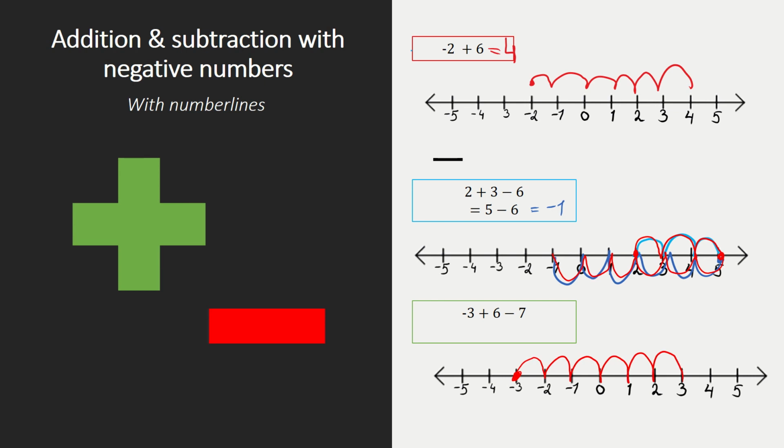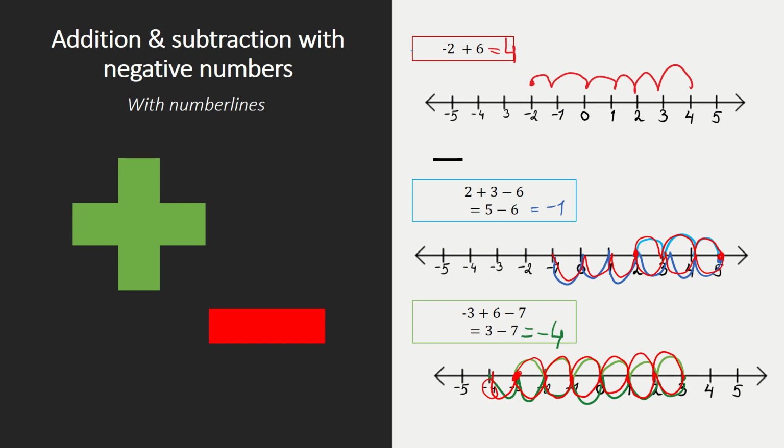So we get 3. However, now it's storming and raining and it's getting colder and colder. And the temperature is decreasing with 7. So we're going to the left with 7 steps. 1, 2, 3, 4, 5, 6, 7. And we get minus 4.